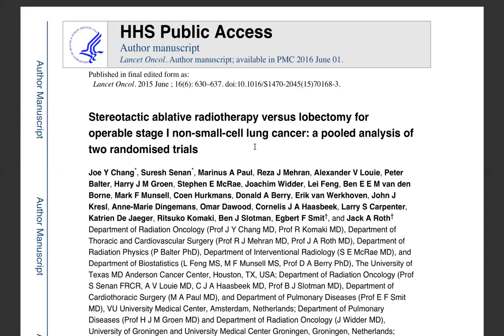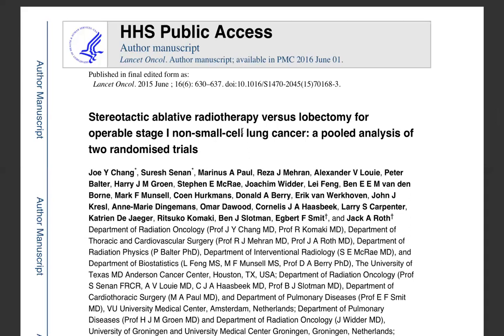Which essentially means that 50% of their patients got a non-gold standard treatment for the sake of science. You understand that? Yes, sir. So this is a very, very controversial paper straight away. I'm not saying it is right or wrong. Don't get me wrong.